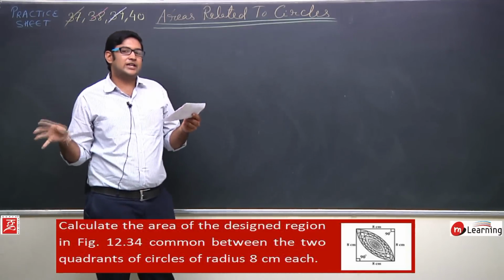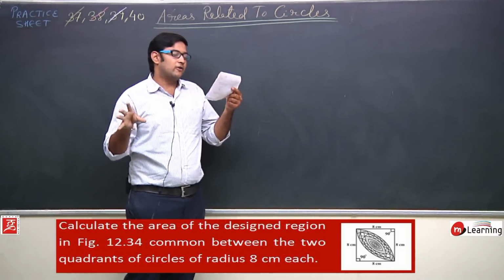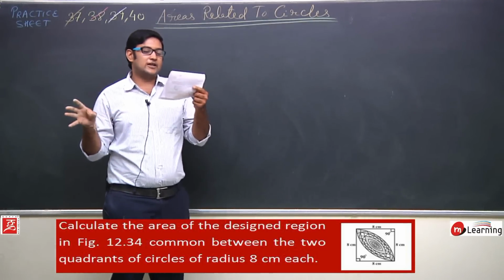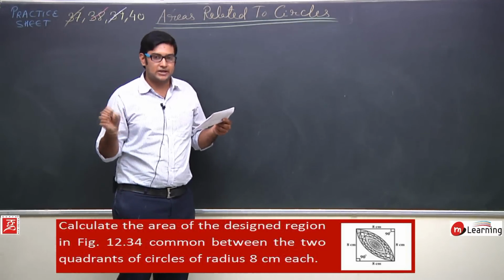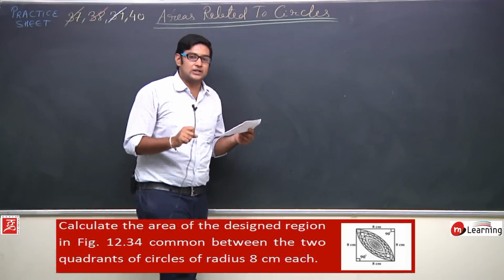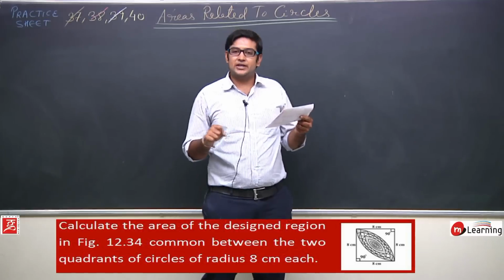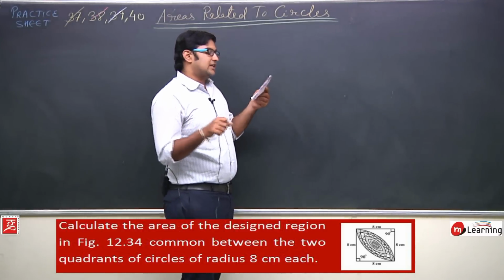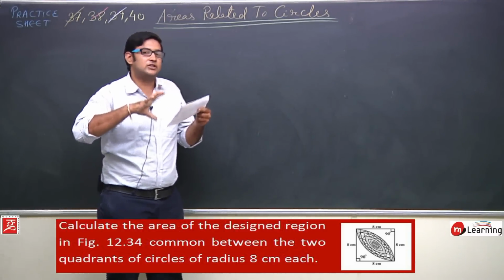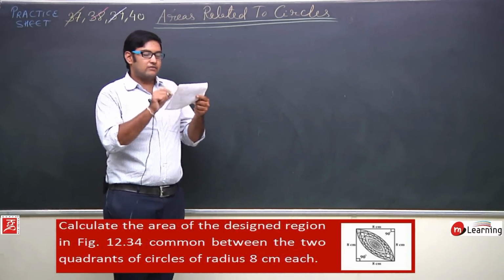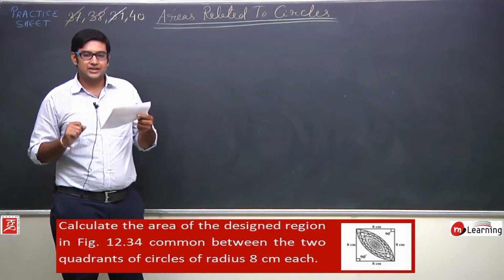There are two circles with the radius 8 centimeter each, and the common portion between the two quadrants is the designed region.